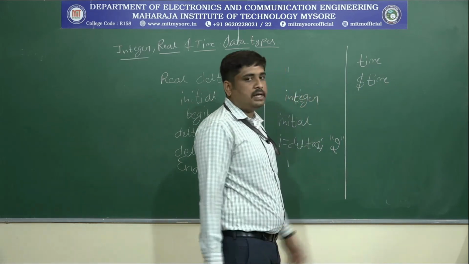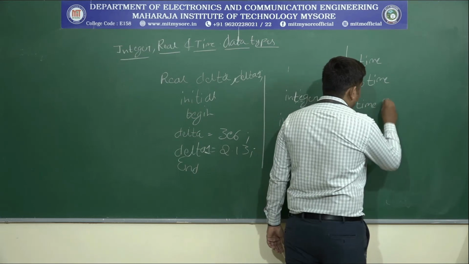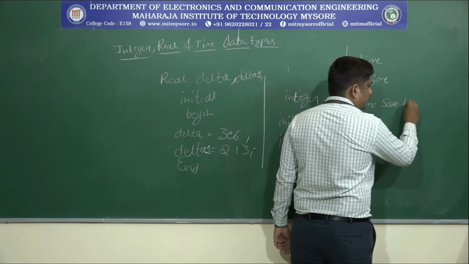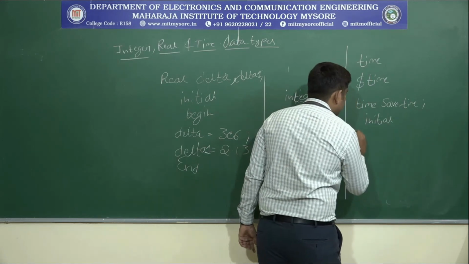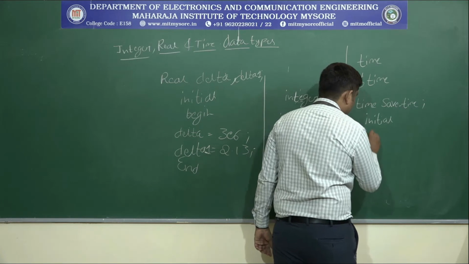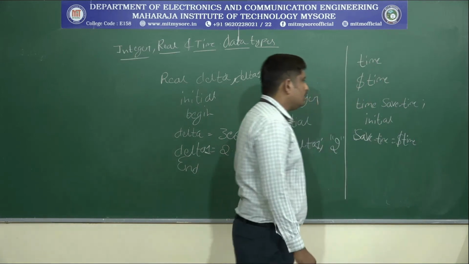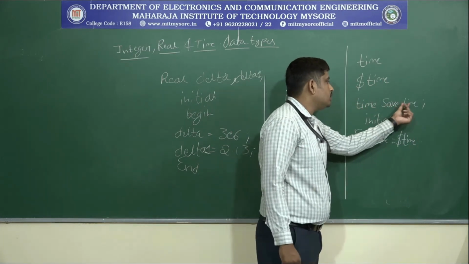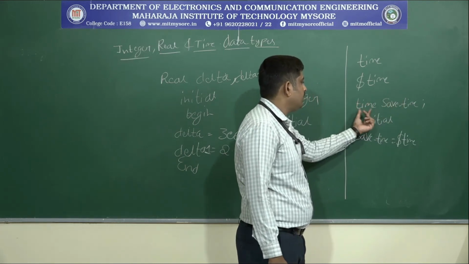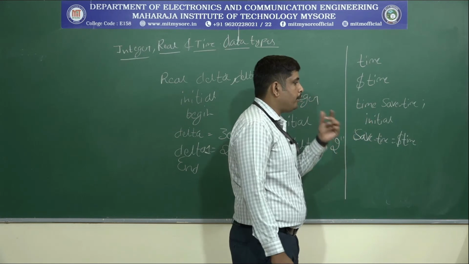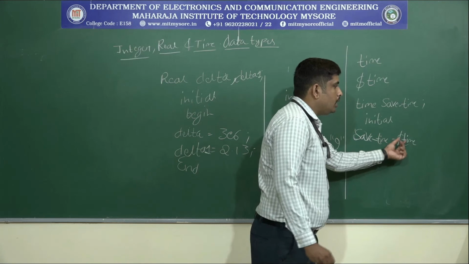Let us take one example so you can easily understand: time save_time, then initial. Here save_time is a time data type, the name of the time variable. Then in initial, if you want a particular time, save_time is equal to dollar time.